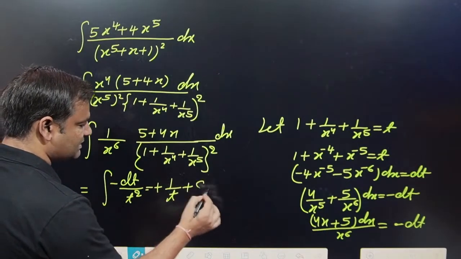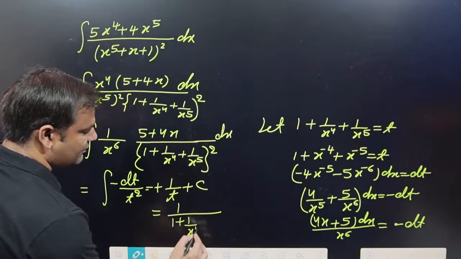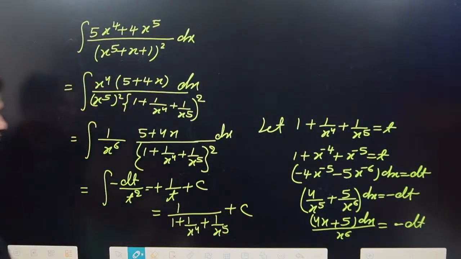So minus 1 by t plus c, and 1 by t is basically 1 plus 1 upon x to power 4 plus 1 upon x to power 5, plus c, is the right answer. Make it. Okay.